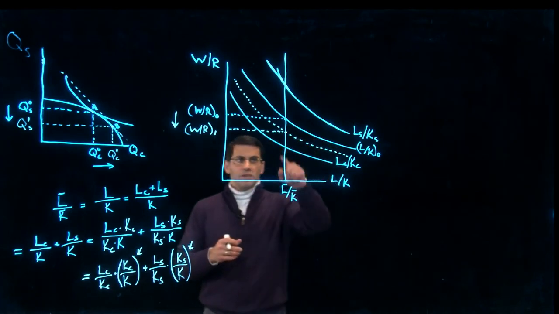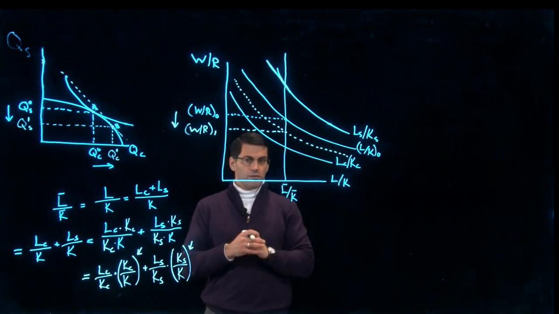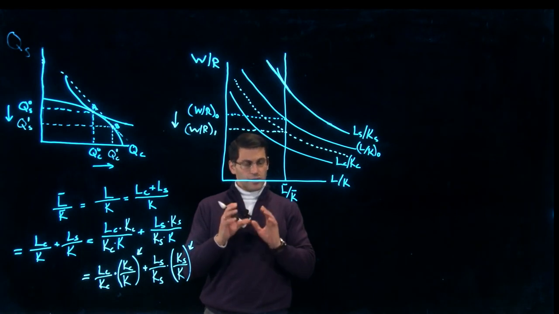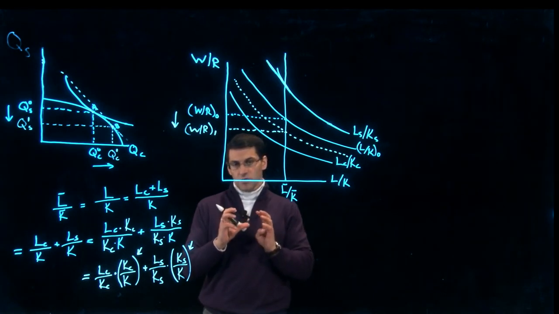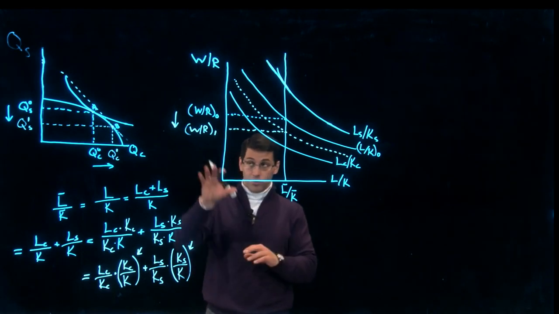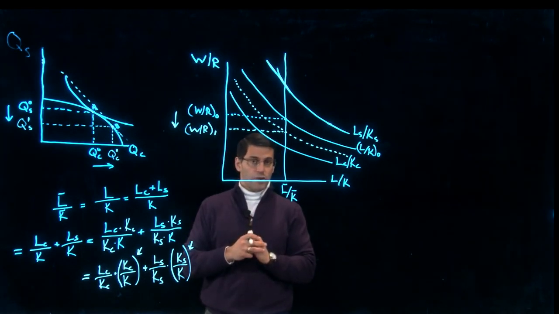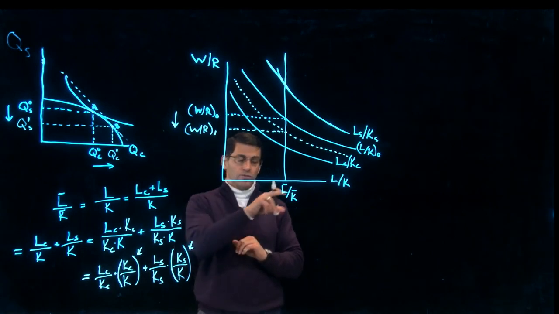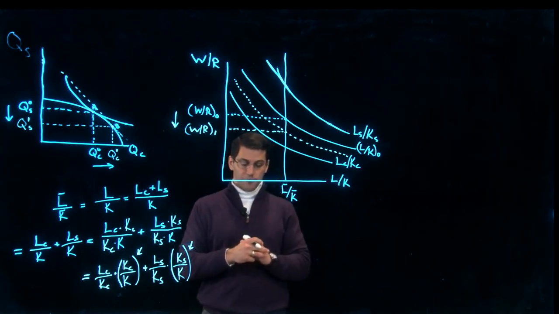So now that the wage to rental rate has gone down, what is that going to mean for relative employment of labor within each sector? Okay, and this is the key step in understanding what happens to the wage and rental rate in absolute terms, not just the wage to rental rate ratio. Now, let's focus on the computer sector first.